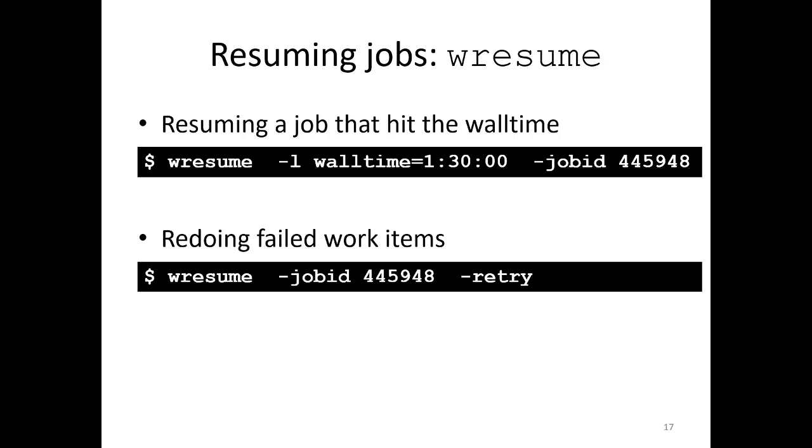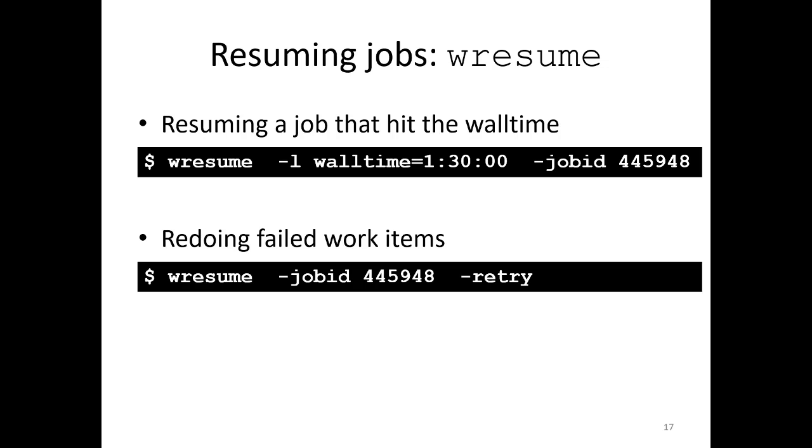You can also redo failed work items. A failed work item is a work item that ended with an exit code that is non-zero, which you typically use under Linux in order to indicate that something went pretty wrong. So by default, w-resume will not redo failed work items. It will only do things that were not executed yet.